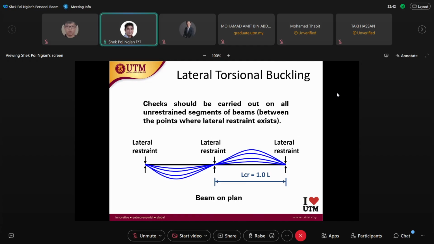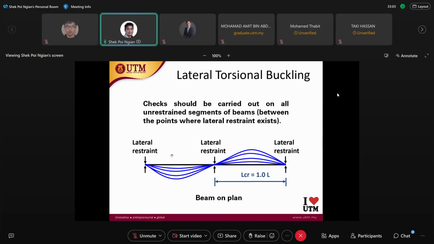Okay, so lateral restraint doesn't have to be a support. When we say support, we have beam to beam, or beam to column.